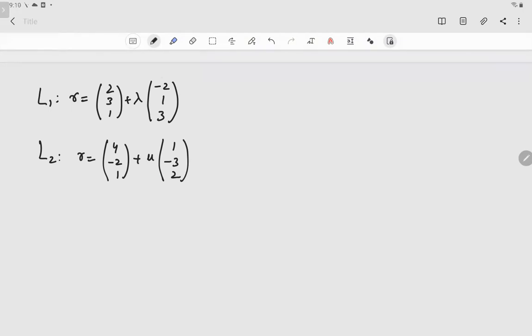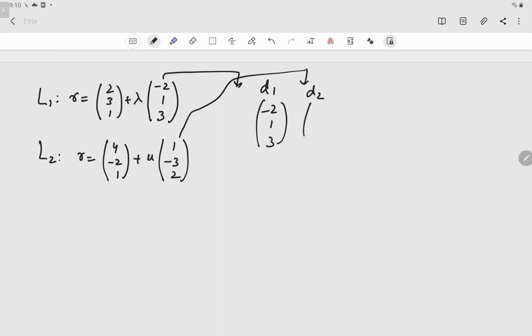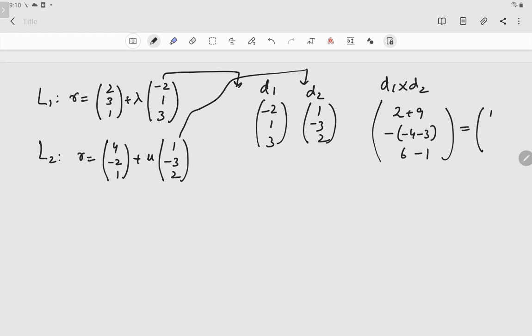This is my D1, (minus 2, 1, 3). This is my D2, (1, minus 3, 2). And D1 cross D2, I will just apply the formula of cross product: (2 plus 9, minus 4 minus 3, 6 minus 1), and this is equal to (11, 7, 5).